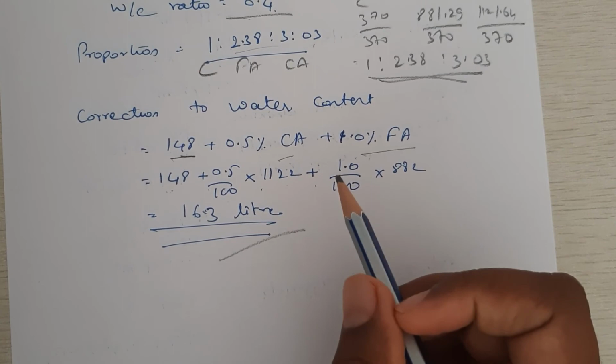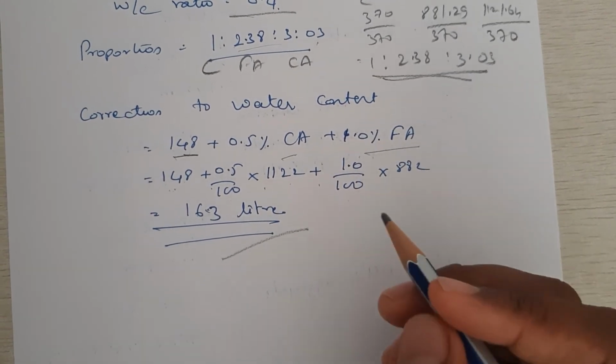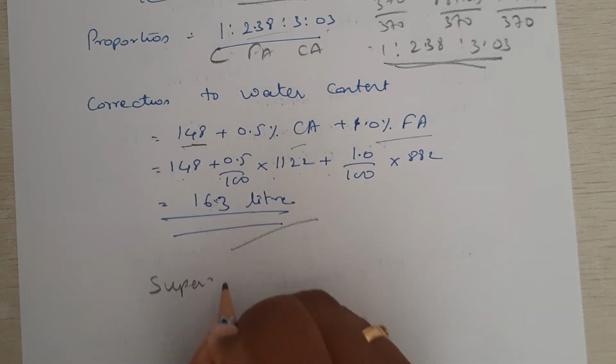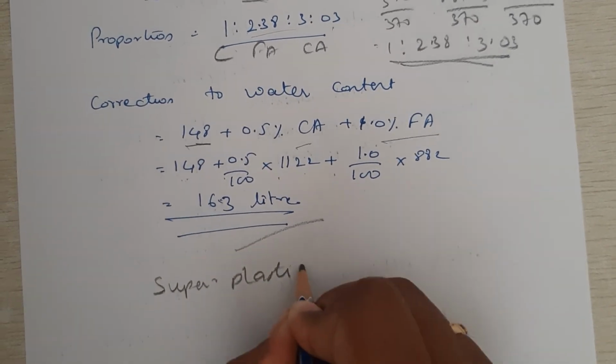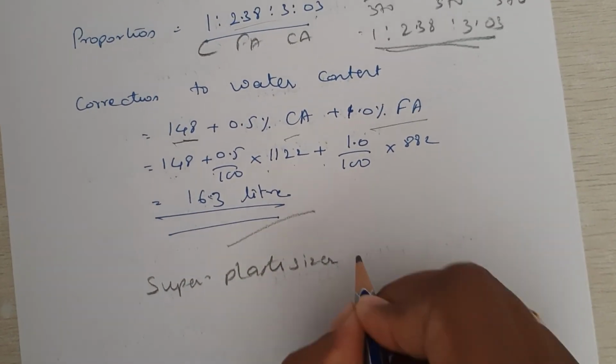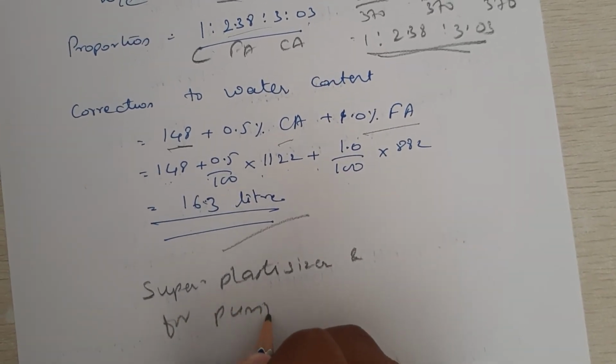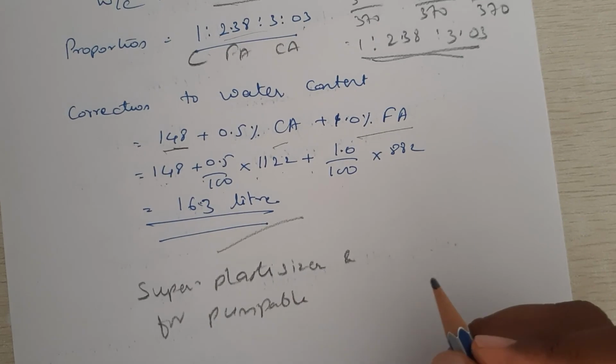This is how we will calculate the mixed proportion for the use of super plasticizer and for pumpable concrete.